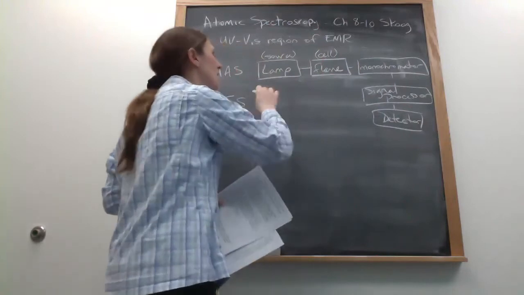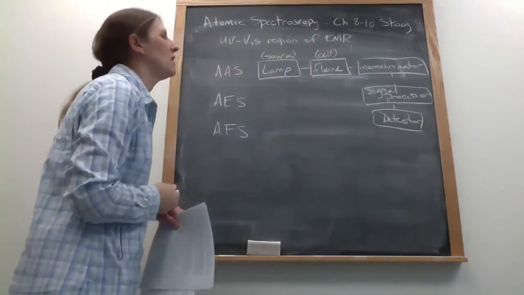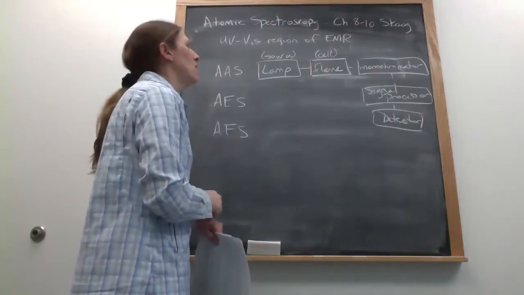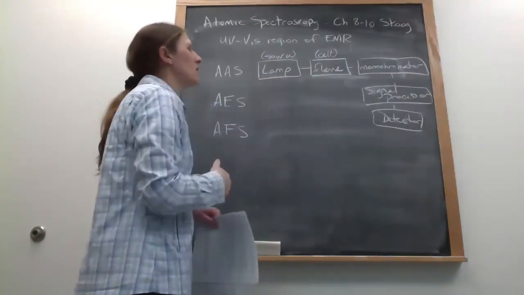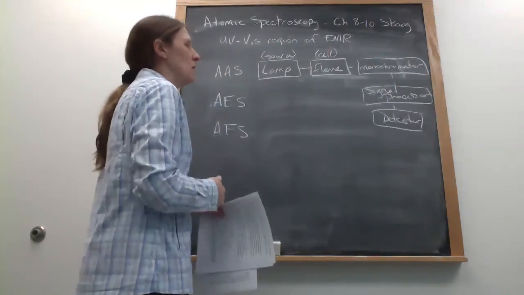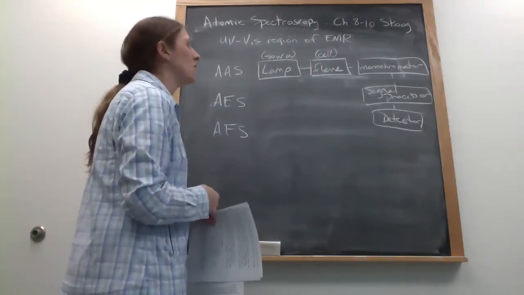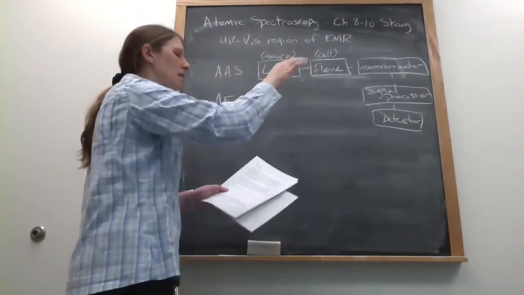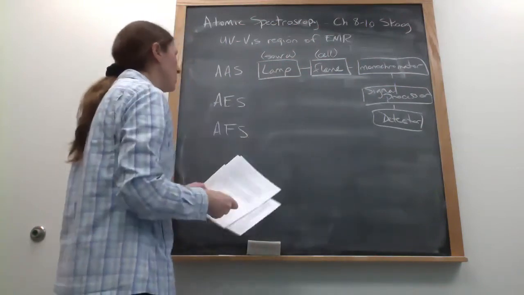Major differences are going to be your source and your cell. The monochromator usually comes after the cell rather than before it, because our light source is going to be a line source, unlike a continuous source like we used for UV-vis. So this would be the basic layout or design for atomic absorption.